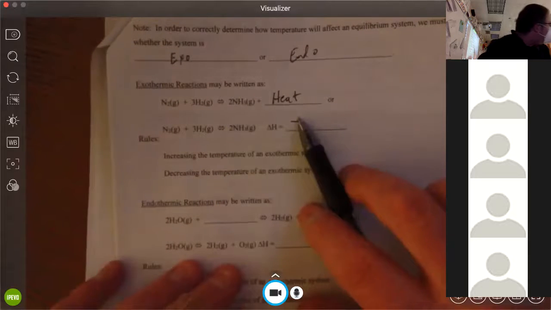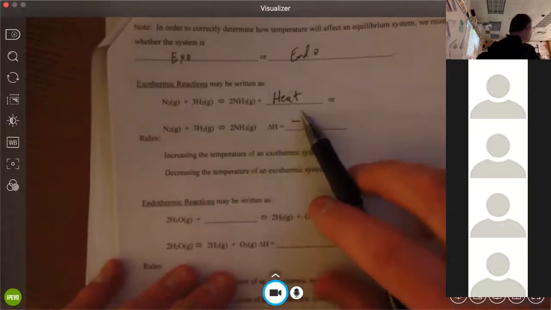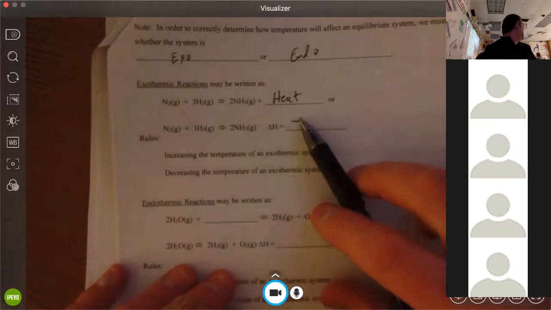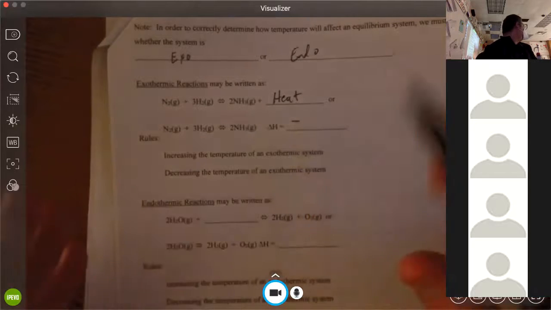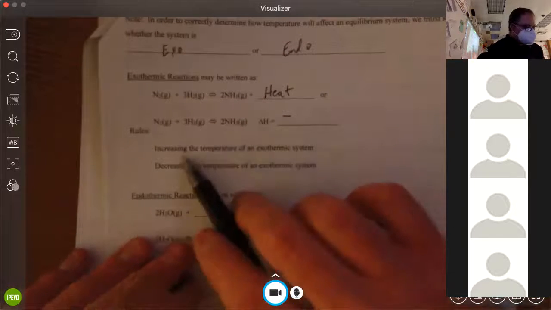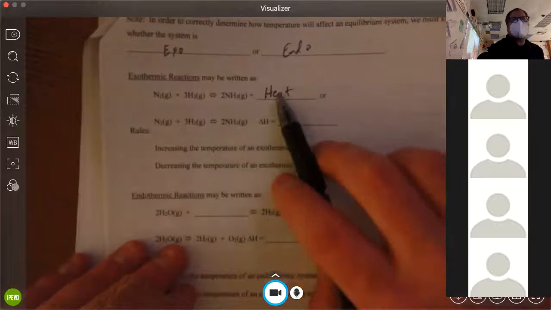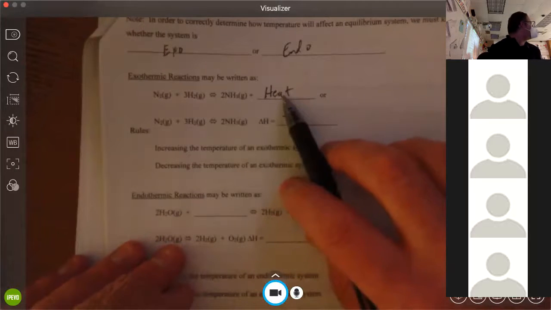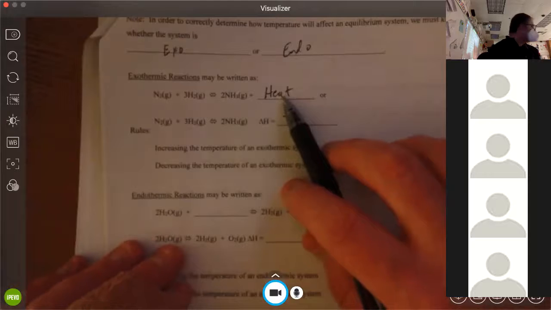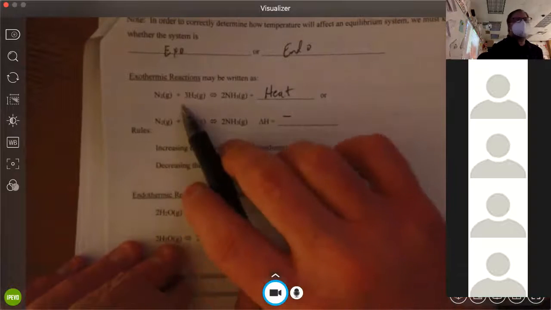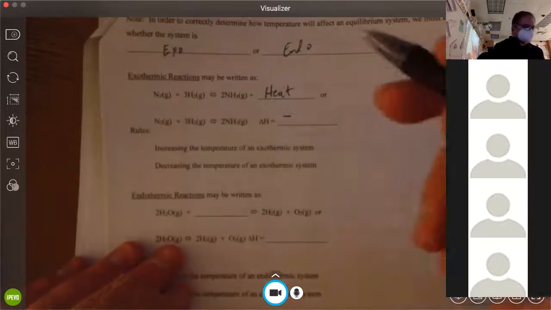If we put heat in, the system will use up that heat, right? So it's quite easy. Increasing the temperature is like adding more heat. So the system does something to alleviate that extra heat. What alleviates that extra heat? The reverse reaction.